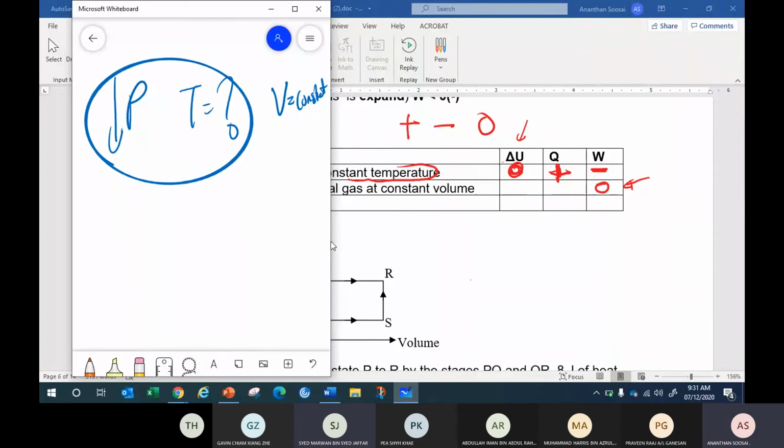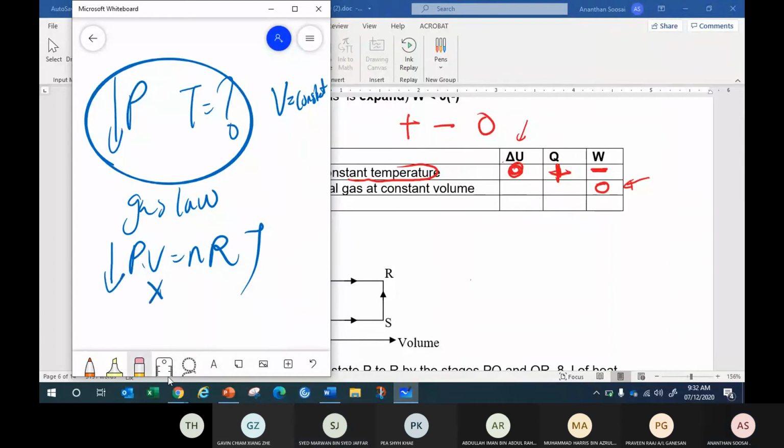Directly proportional. Or you can think about PV equals nRT if you want. Volume never changes, pressure decreases. So the temperature will decrease. Because nR is constant, it's a closed system, the number of moles is constant.